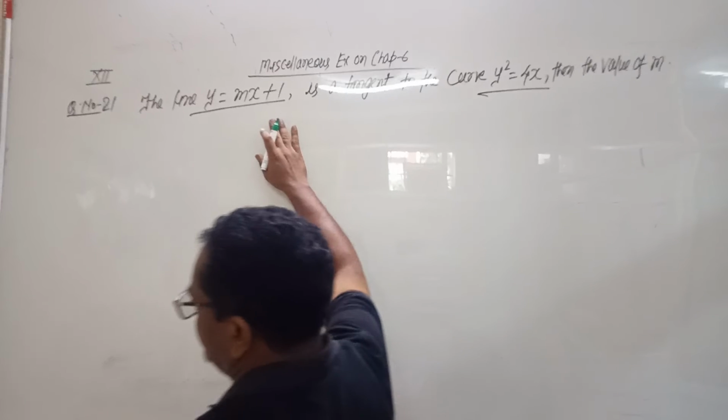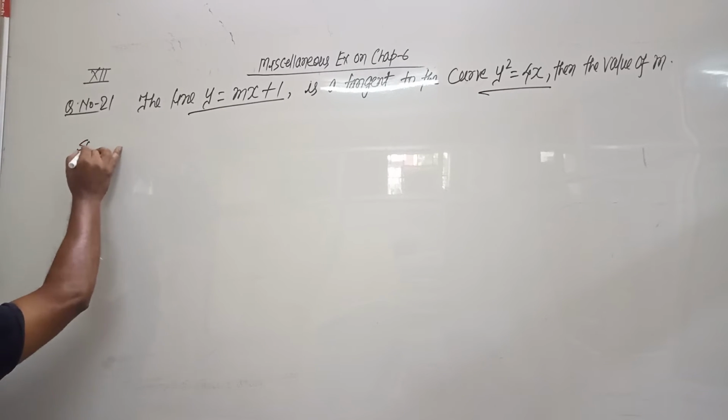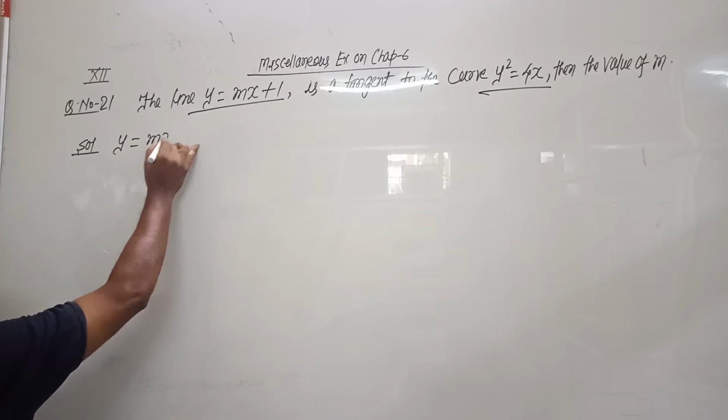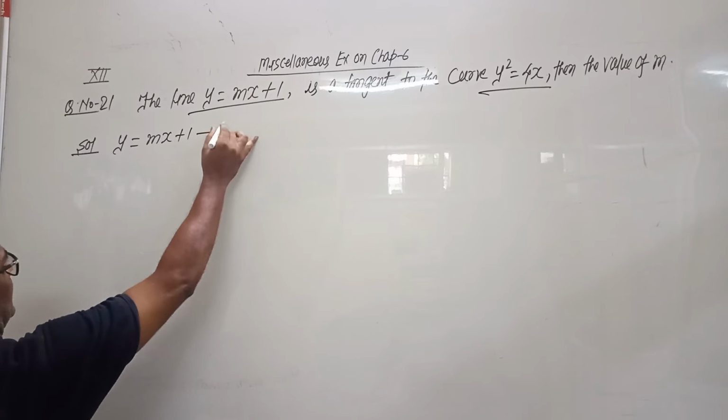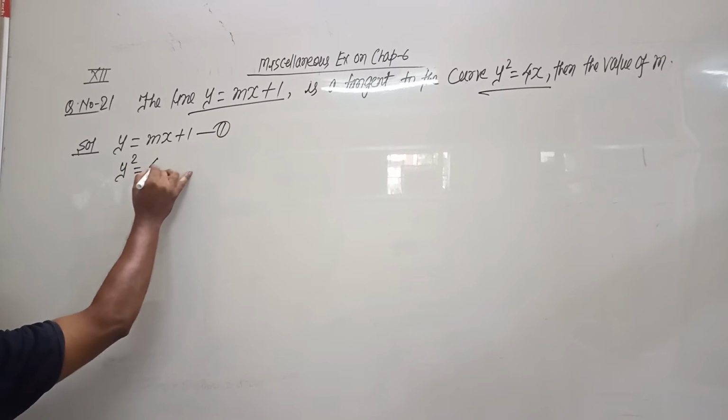This is the equation of tangent on the curve y square equals 4x. So we are given the equation of tangent y equals mx plus 1, and the curve is given, y square equals 4x.